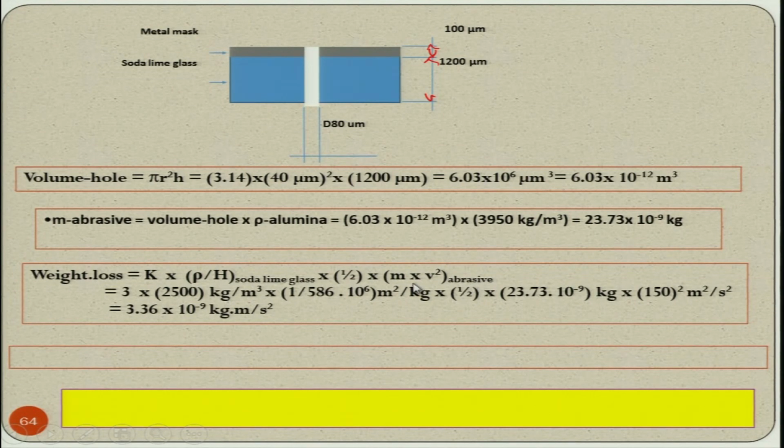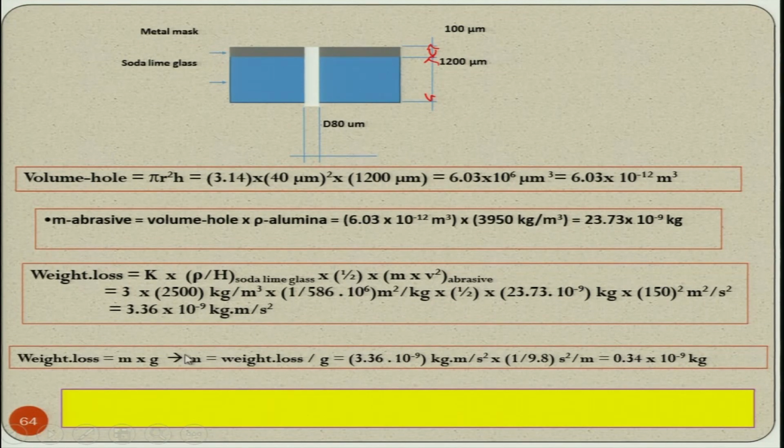So, this is for abrasive particles, this is for the workpiece material, that is soda lime glass. As we have already seen the values of these different parameters, you substitute them and you will get 3.36 into 10 raised to power minus 9 kilogram meter per second square, that is the weight loss.